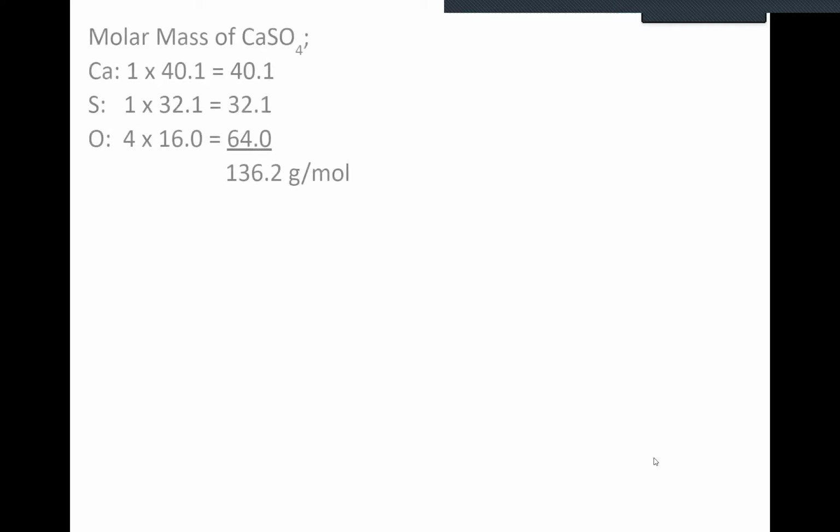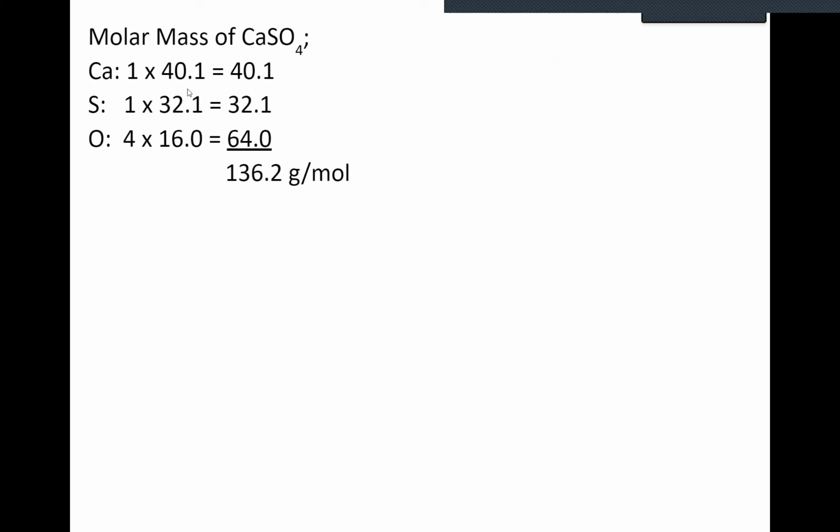Question C, calculate the molar mass of calcium sulfate. This is important because we're going to need it to find the number of grams later on. To find this, use your periodic table. Take the time to look up calcium's atomic weight, sulfur's atomic weight, and oxygen's atomic weight.